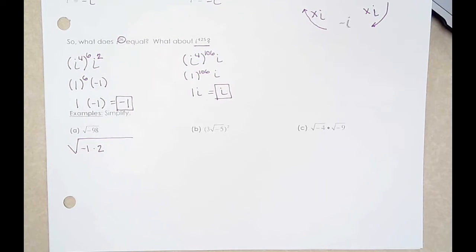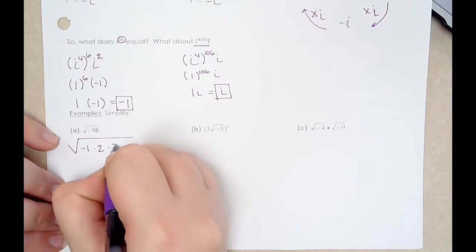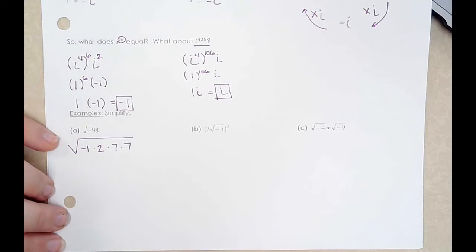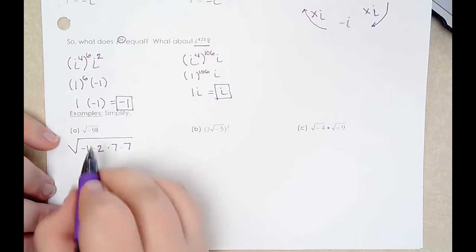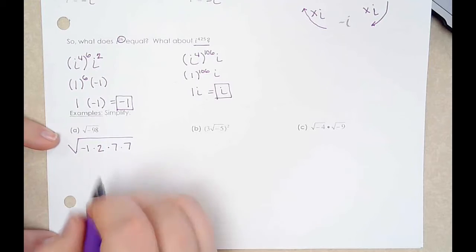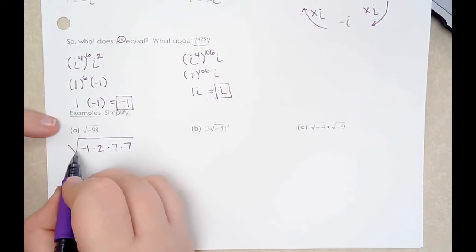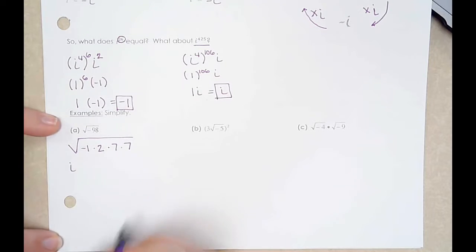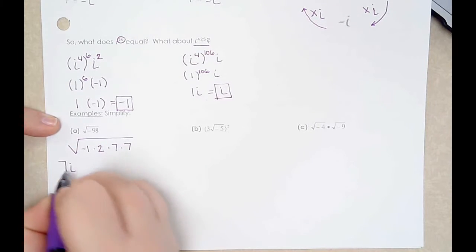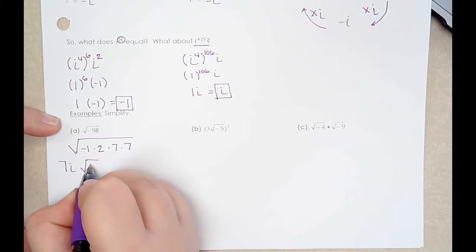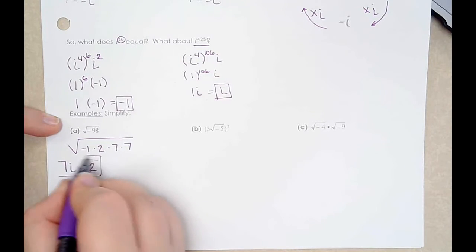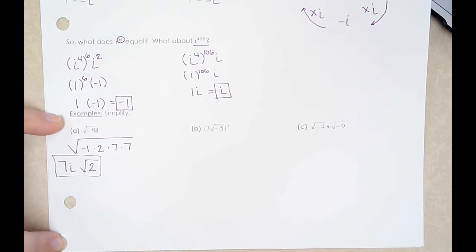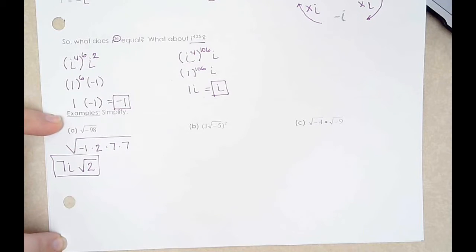Let me double check here. Yeah, it was 49, my bad. So this is actually times 7 times 7. 49, not 46. Alright, when I take numbers out, well, I know that the square root of -1 is i, and I can take this pair of 7s out, and then I just leave what's left over. And that is my final answer. I can't simplify it any further, so that's what I leave.